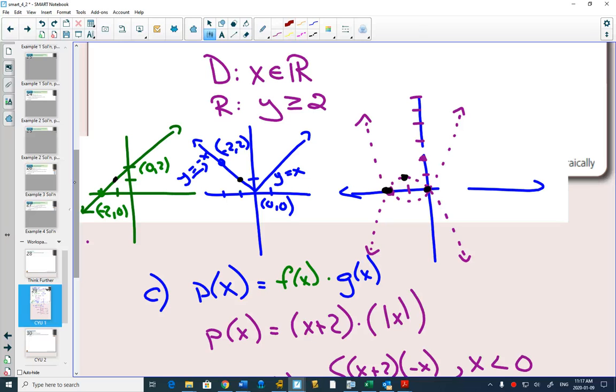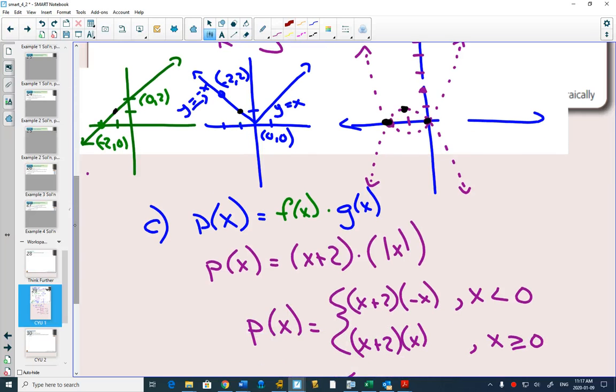But if I do it algebraically, well, I know that I have this parabola, when it's less than 0, is the parabola that opens down. And then when x gets bigger than 0, I have this parabola, so I have just that one there. And that's my final graph. The algebra lets me find it quicker.